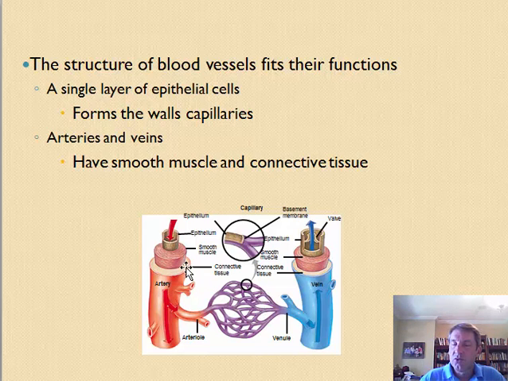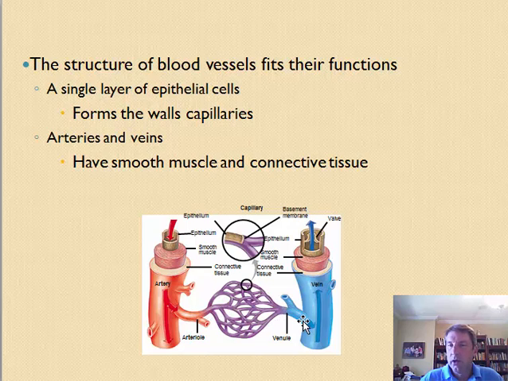The large vessels, we have 2 different types, and they're about the same size, but the only difference is one carries oxygenated blood, one carries non-oxygenated blood, and that is our arteries and our veins. These are very thick. They actually have muscle walls in them.